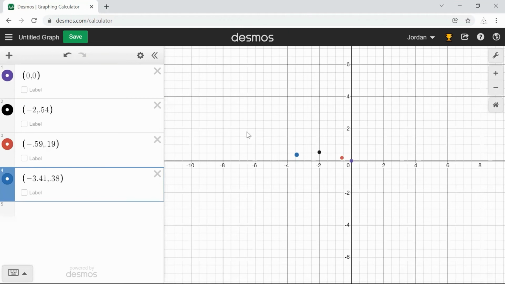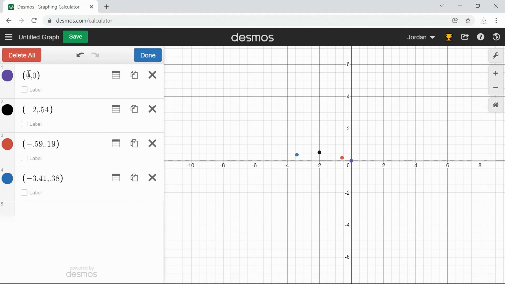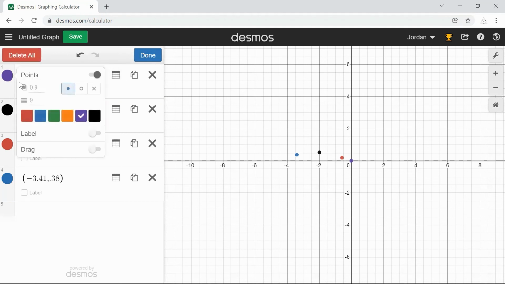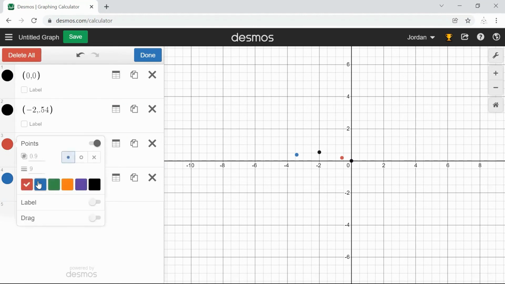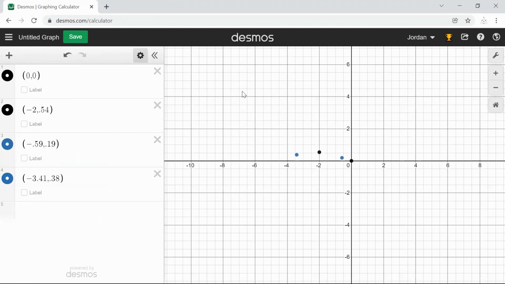So here's my points. Let's color the critical points in black and color the points of inflection in blue.